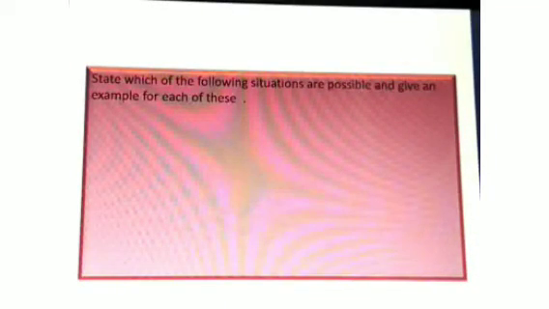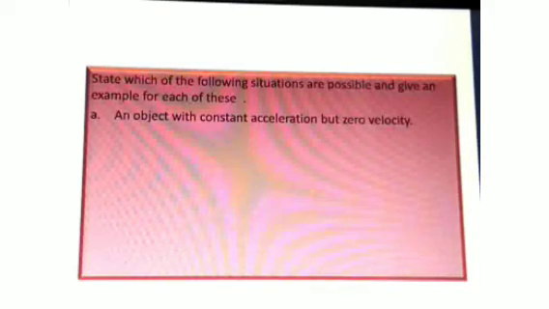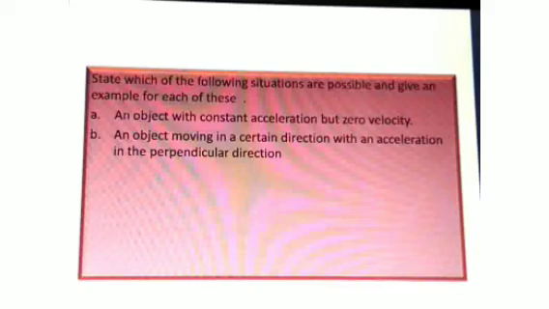State which of the following situations are possible and give an example for each of these. An object with constant acceleration but zero velocity. Next question. An object moving in a certain direction with an acceleration in the perpendicular direction.